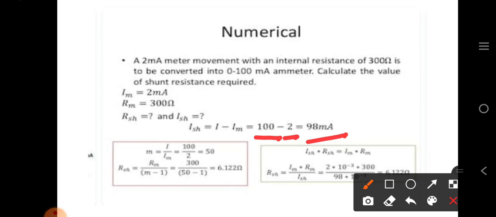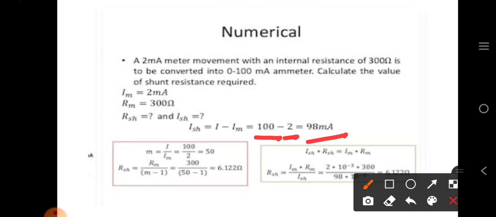Now putting this value of I in the formula of RSH, we will first calculate M. M is equal to I upon IM, that is the range that we have to extend up to, 100, upon 2, which is 50.